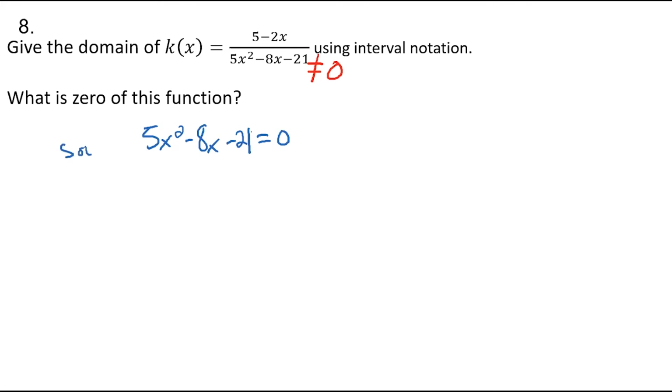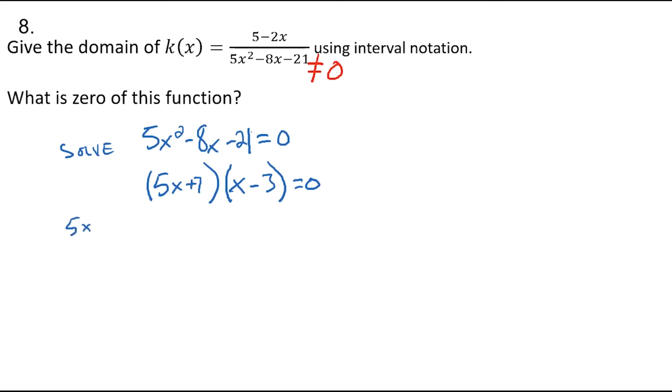We're just going to solve this here, and when we do that, you'll have to factor this using your method of preference, and the result that you should get is 5x plus 7 multiplied by the quantity of x minus 3, and this is all equal to 0. So first let's go ahead and solve these things individually.